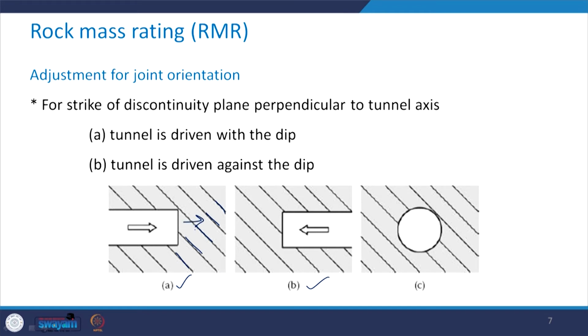So the tunnel is driven with the dip. However, in case B, it is different. It is the other way round, the tunnel is driven against the dip. That is, all the joints are dipping in this direction and the tunnel is being driven in this direction, which is against the dip.